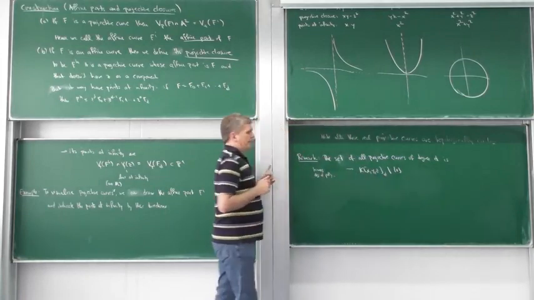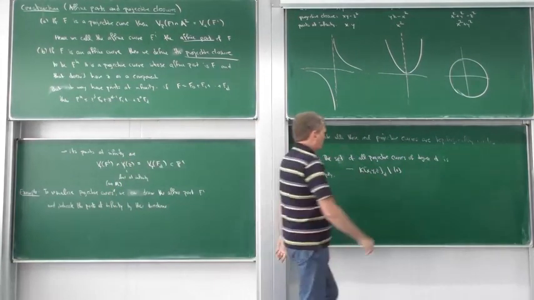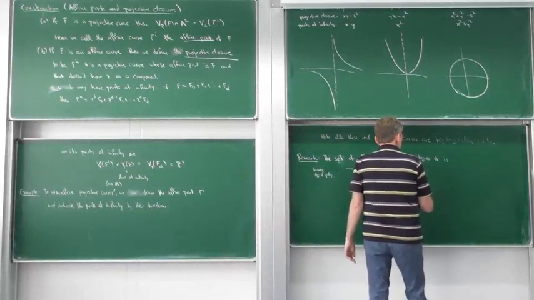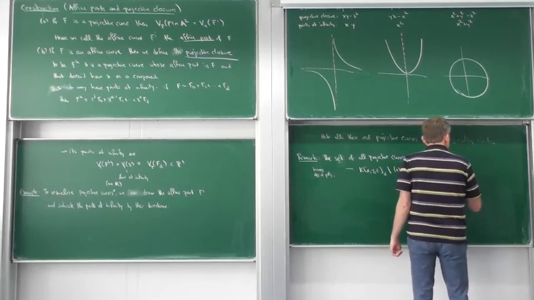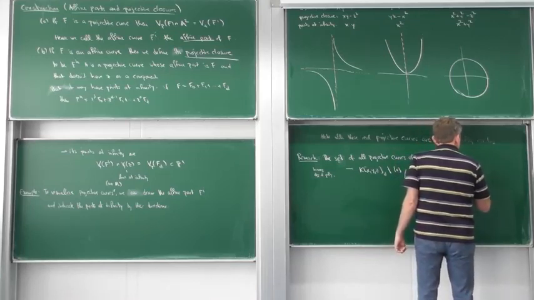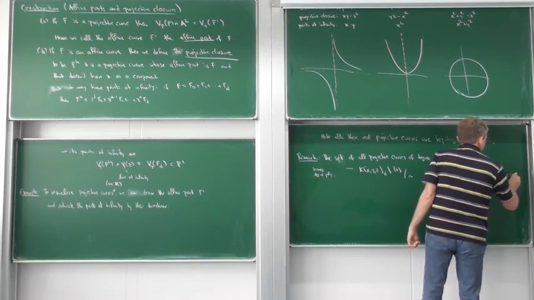And we identify any two polynomials if they differ just by a unit. So that means we mod out an equivalence relation. We say that some f is equivalent to g if f is lambda g for some lambda in k without 0.